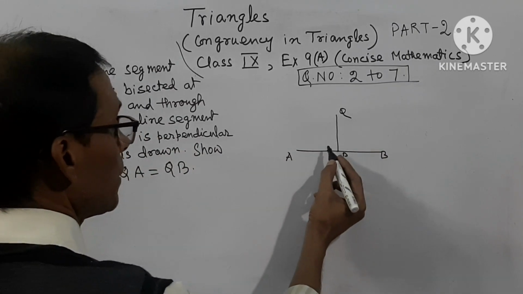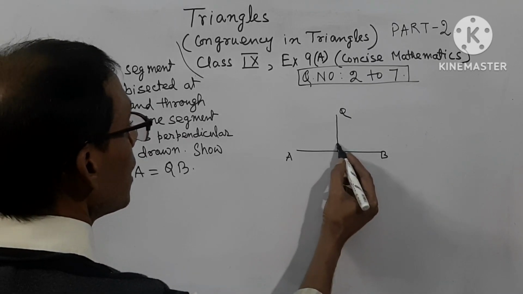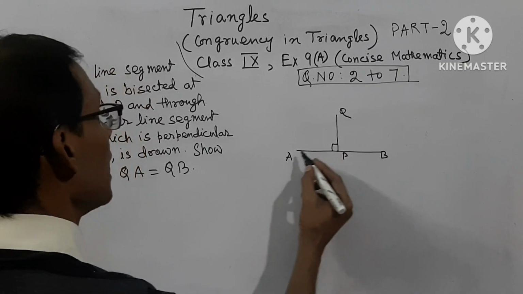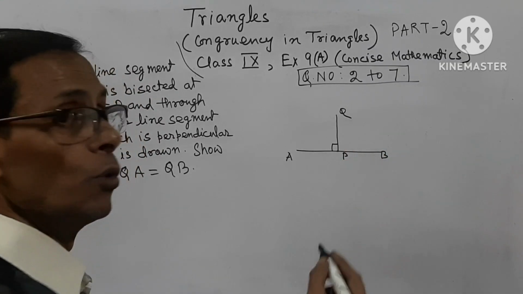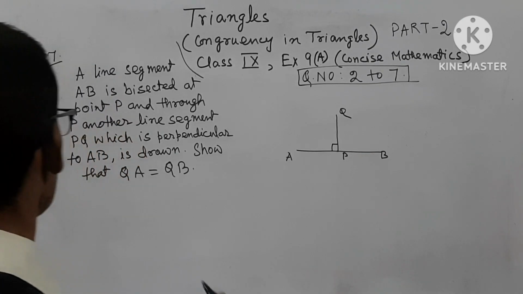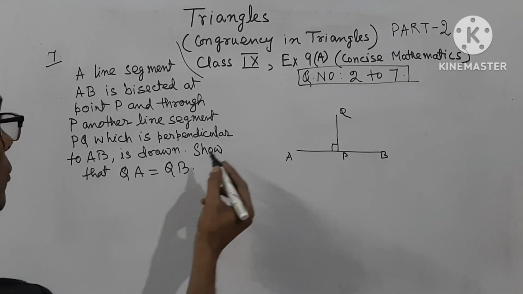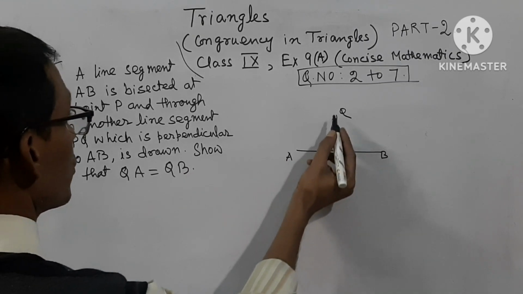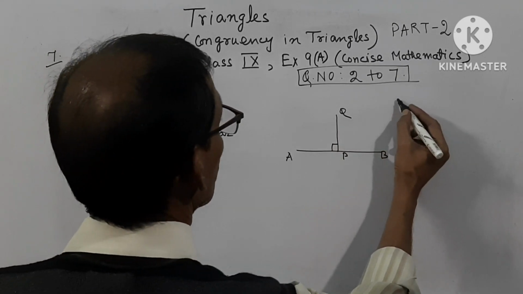That means angle APQ and angle BPQ are 90 degrees. Show that QA equal to QB.